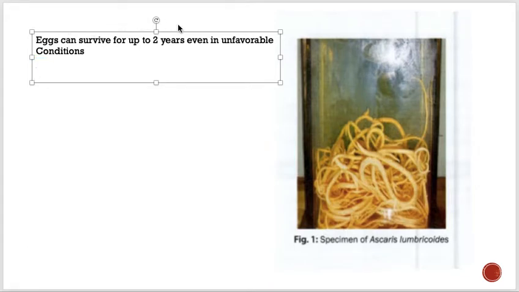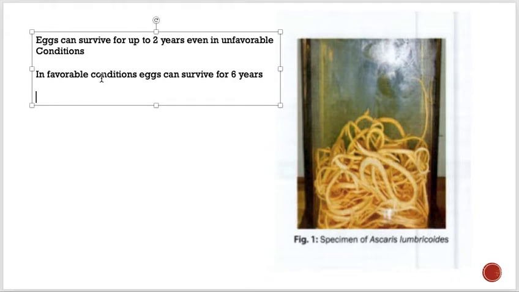In favorable conditions, for example a moist environment with soil, eggs can survive for 6 years. So see, it's quite a long survival.